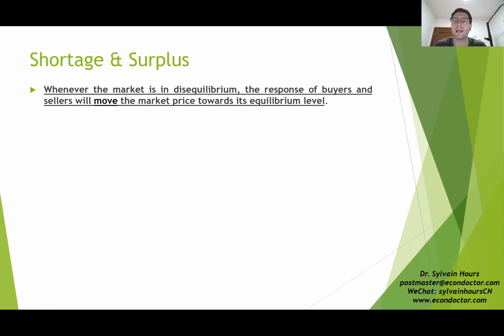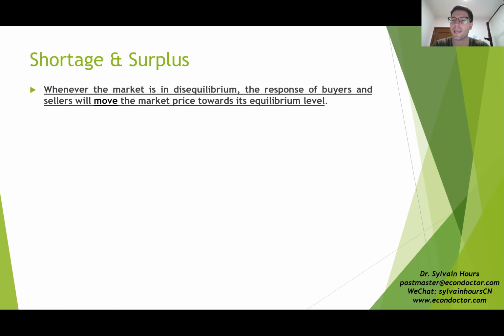Okay, but why? How does it work? There are some essay questions where the students are expected to explain this process, what is going to lead to a change in price, what is going to bring the market back to equilibrium. It's important to understand that. And the answer is quite simple, and I'm going to show you in both cases.